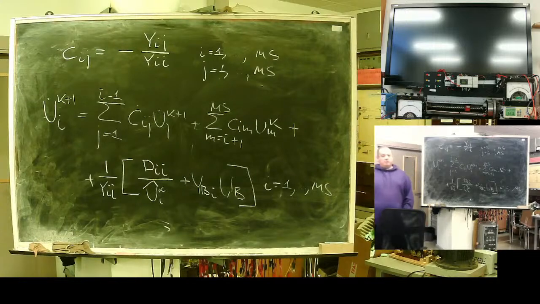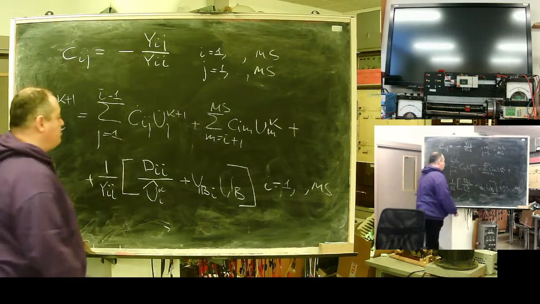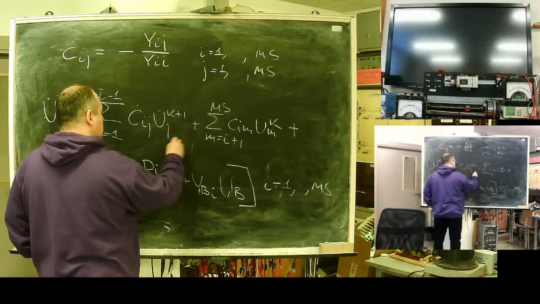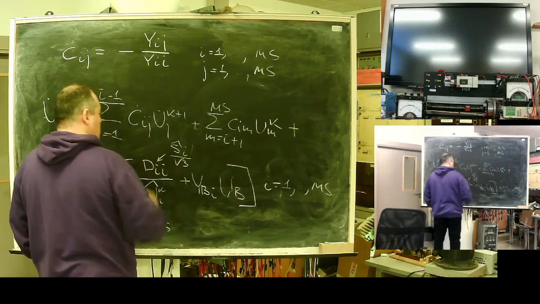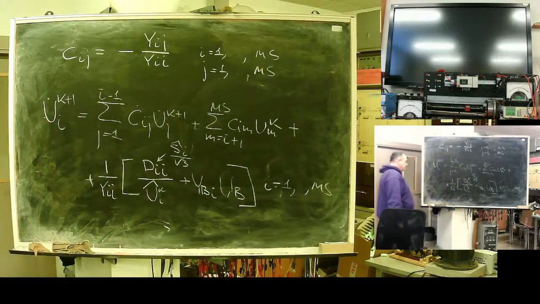Here is the form of the modified Seidel technique. Here I can also write conjugated power and I naught divided by square root of 3. There is no difference. So what's the idea here?